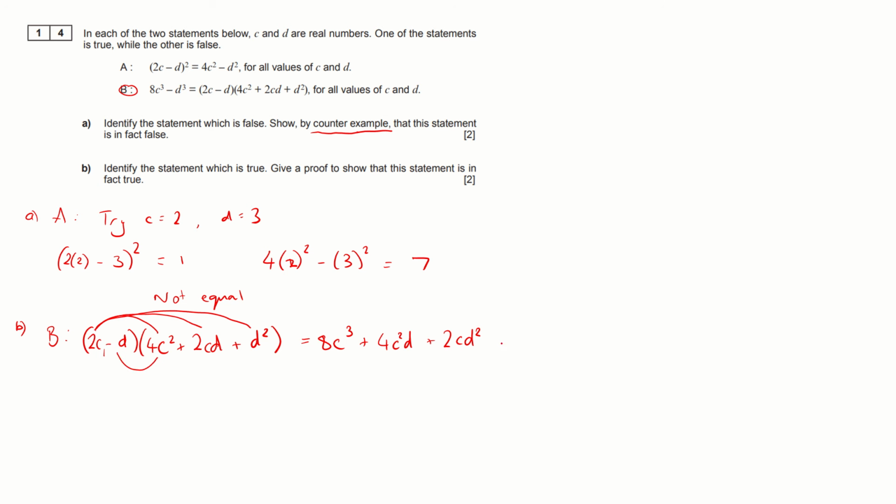Minus d times 4c squared is minus 4c squared d. Minus d times this is minus 2cd squared. And minus d times this is minus d cubed. Hopefully you'll notice that those cancel out, those cancel out, and you get 8c cubed minus d cubed, which has proven by deduction that it's correct.